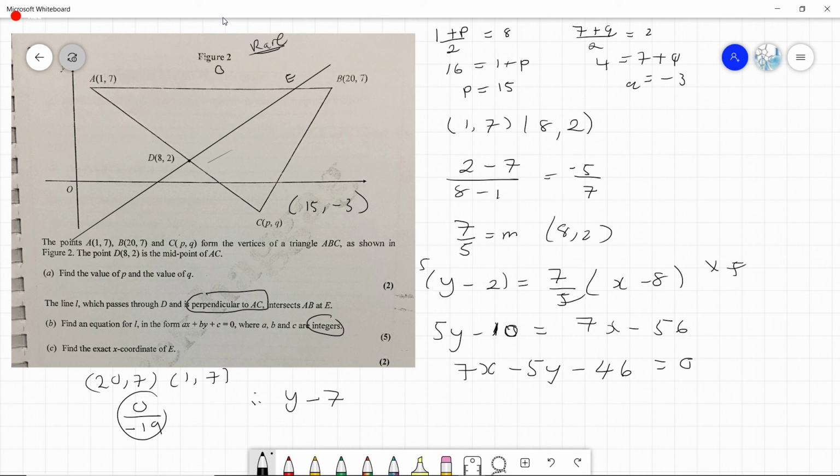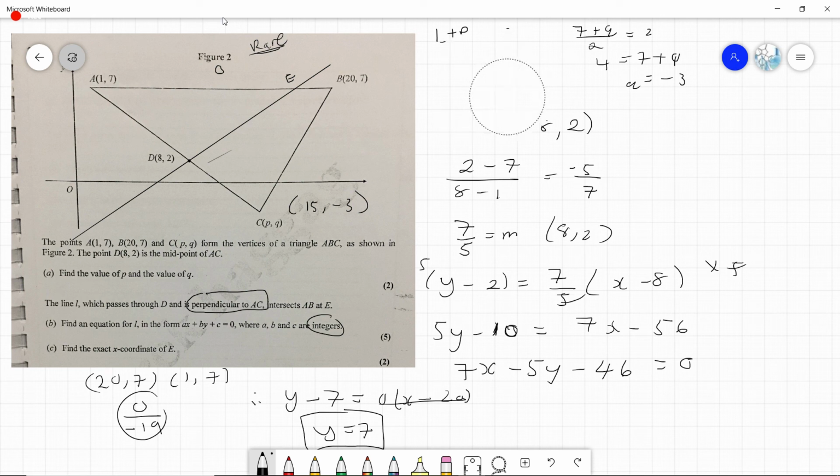Therefore y minus 7 is equal to 0 open bracket x minus 20, for instance. So obviously this is going to be 0. Our answer will be y equals 7. That's a very good answer, because it's basically the line y equals 7, even if it continues, it's a straight line.